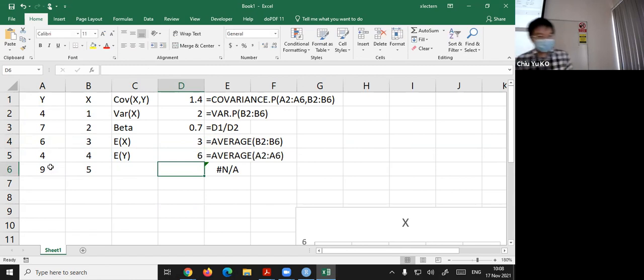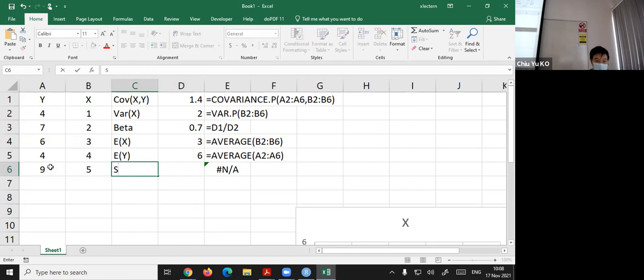So I give you 3 minutes. Try to tell us what's alpha. If you're able to do it, you understand what we're doing today. If you don't know, then you may have some problem.